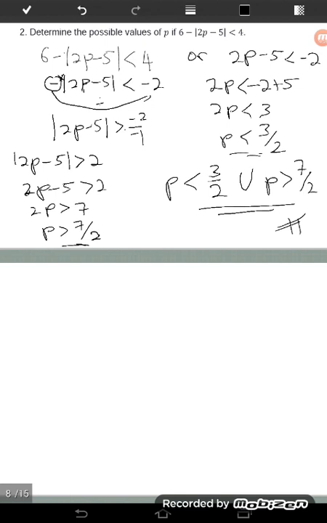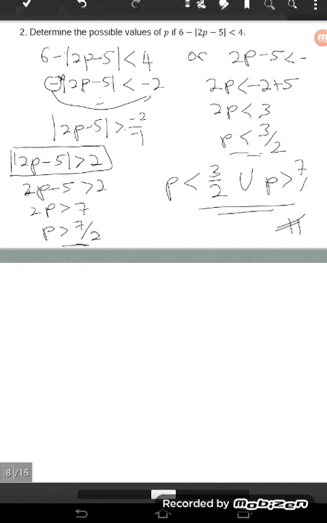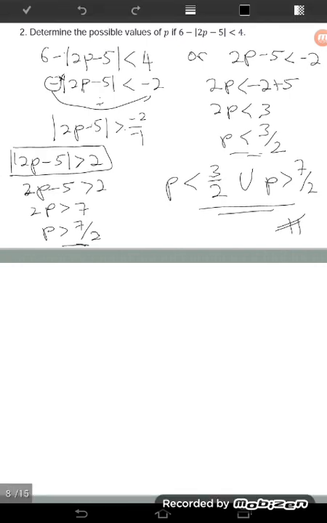So method number 2, I will just take this one and carry it over to method number 2, because the earlier step is the same for method number 2. So you will have modulus 2p minus 5 greater than 2. Put in the definition: square root of 2p minus 5 squared greater than 2.